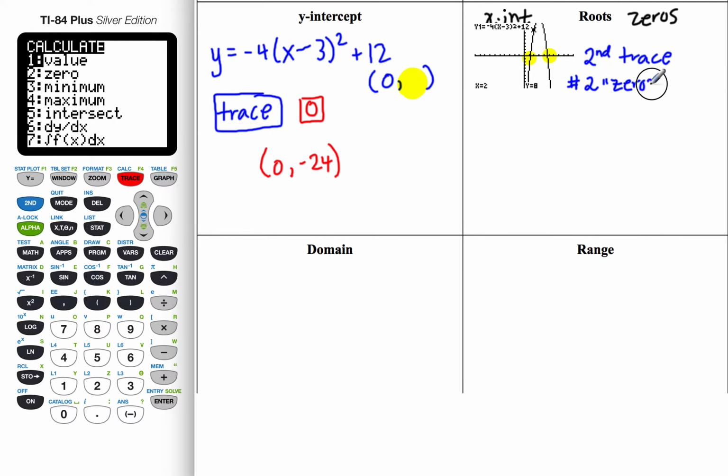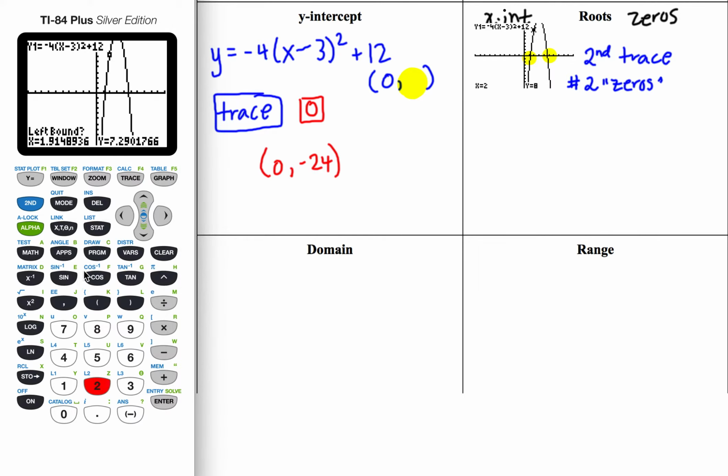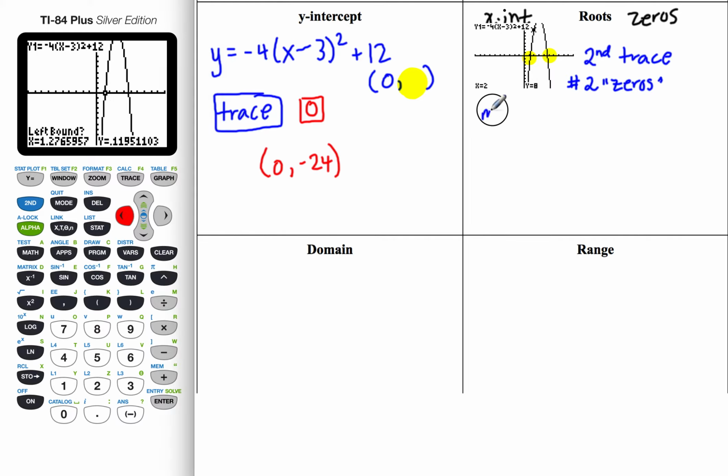And we're going to follow the same process as before. So the calculator needs to know which 0 we need to find, because it will only do 1 at a time. So I'm going to move my cursor, and this is the first 0 or x-intercept. So let's move cursor to intercept.